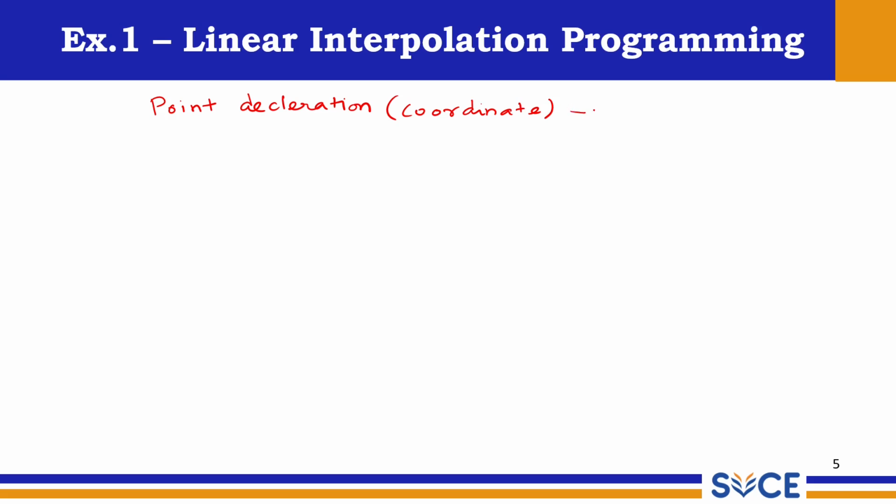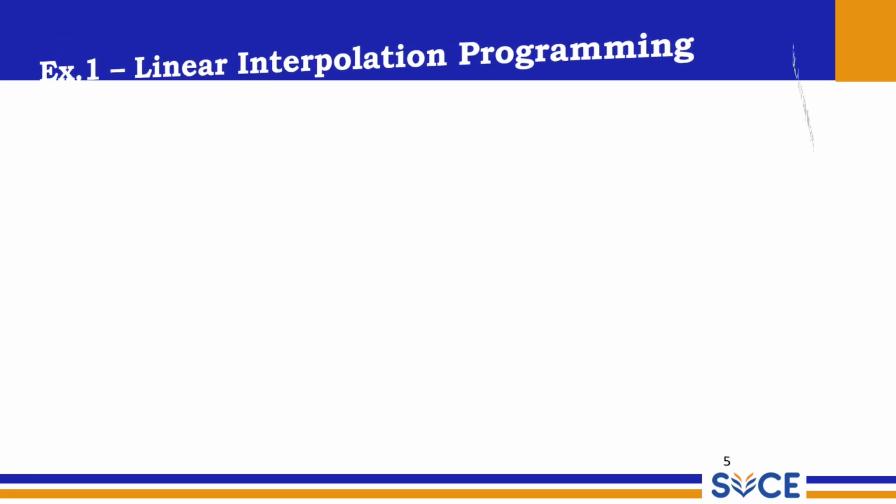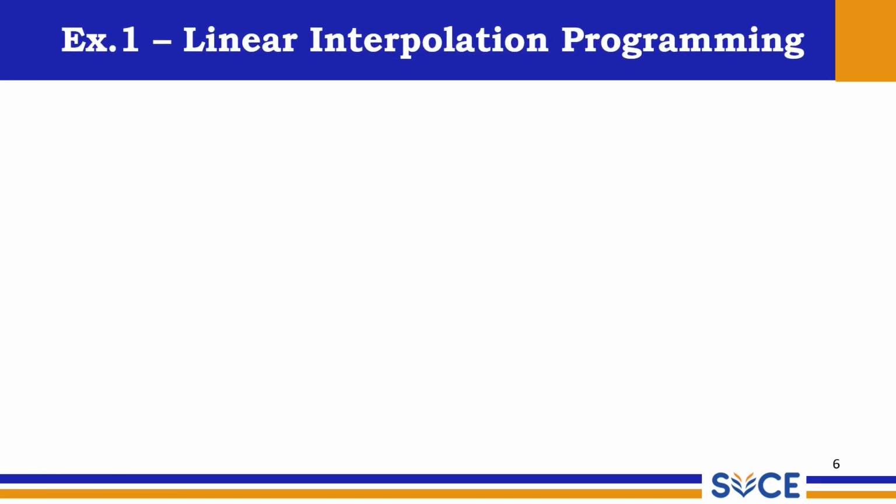Let me call these P suffix n, so n number of points we would have specified. These points will be collectively programmed. So the first step is to declare the points, and the second step is to go ahead with the programming of those points. Okay. With this basic understanding, we'll start.